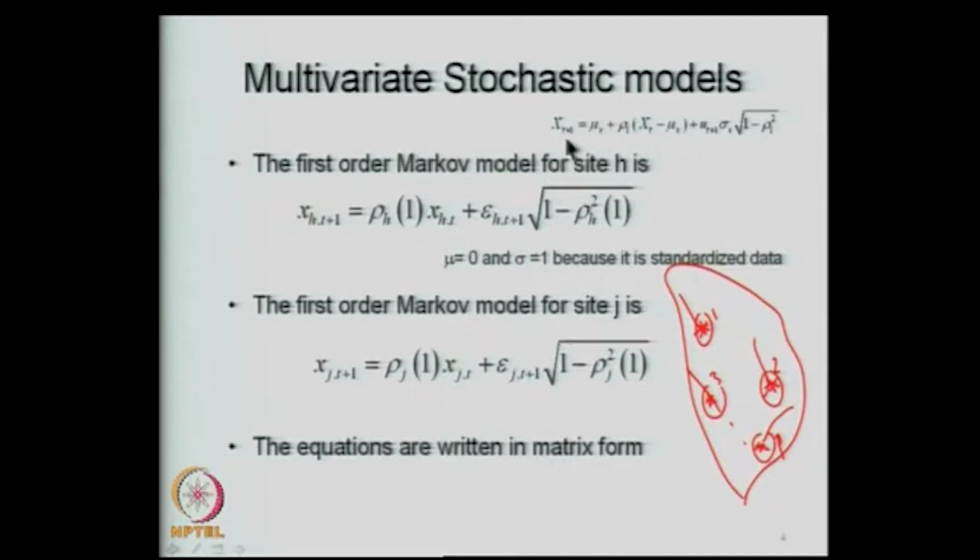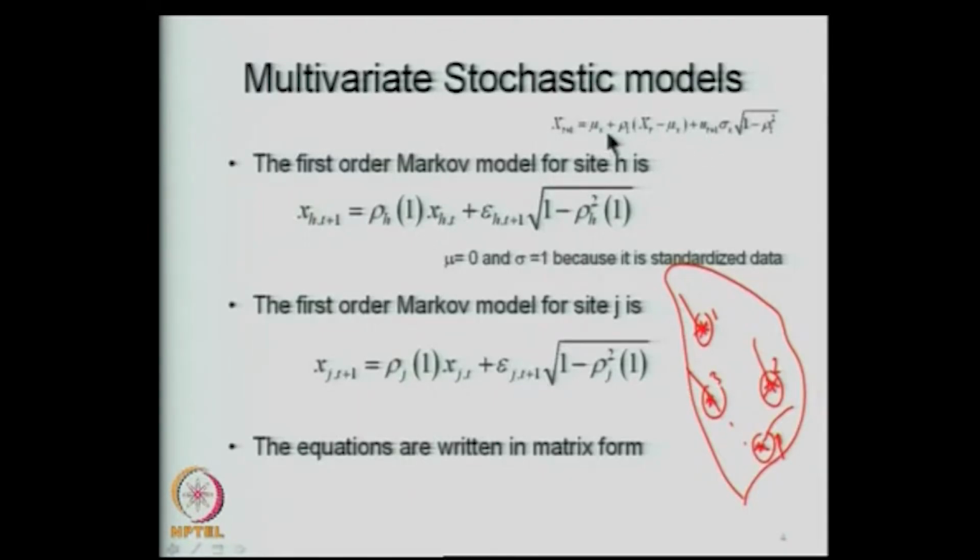In this, because we have standardized the data, we can write this as rho h 1, we are talking about the site h for time period t plus 1, this is the generation model. So, for time period t plus 1, this is a lag 1 autocorrelation at site h, and we are using the data for the previous period x h t.